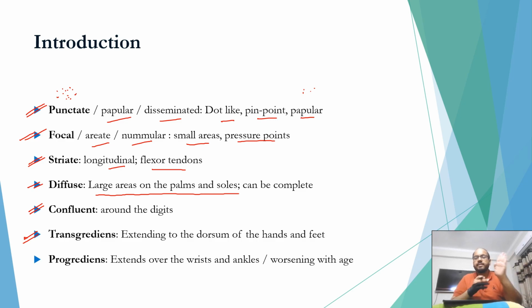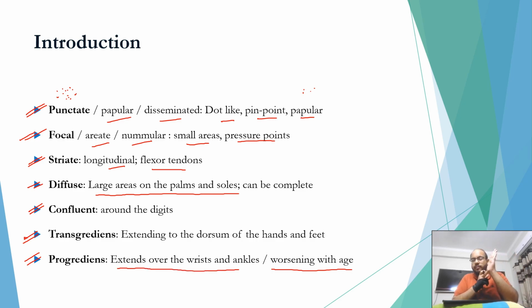Transgradients. Transgradients is when the thickening is over the ventrum and the dorsum of the hand. So it extends on both the surfaces, front and back. Now, progradients. Progradients, I have found two different definitions. The important one is that it worsens with age. That means the keratoderma, the thickening, increases with the age of the patient. Another definition that I have found is that it extends over the wrist and ankles.